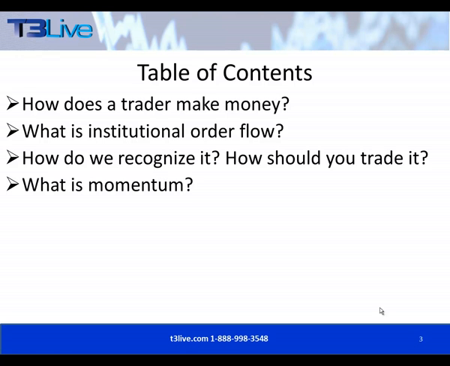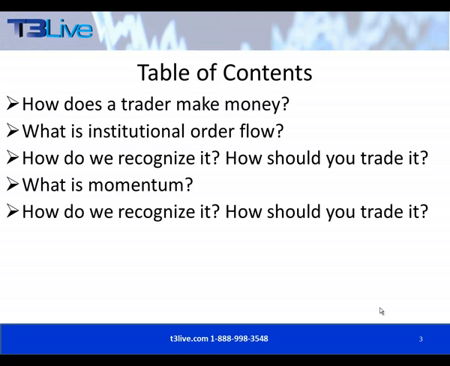Next we take a look at momentum within that order flow, and we'll discuss that in a little bit of detail. How do we recognize that momentum within the order flow, and how do we trade that momentum, whether it's in the direction or against the order flow?